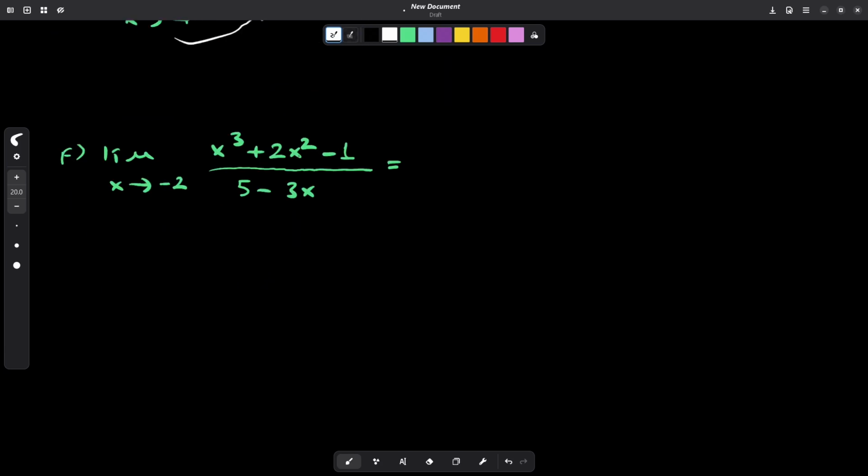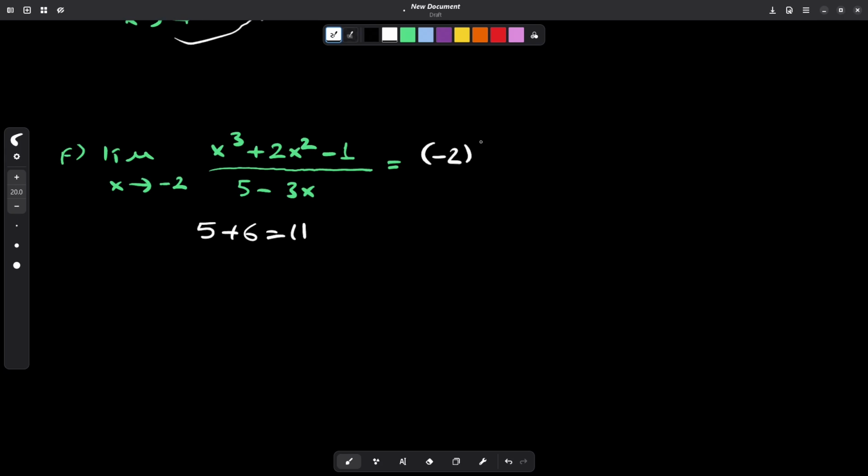Limit of (x cubed plus 2x squared minus 1) over (5 minus 3x) as x approaches negative 2. In these fractions, the first thing I have to check, no matter what, is whether my denominator is 0 when I plug in the x value. Plug in the negative 2, 5 minus, so 3. Our denominator is 11. Therefore, we can plug it in.